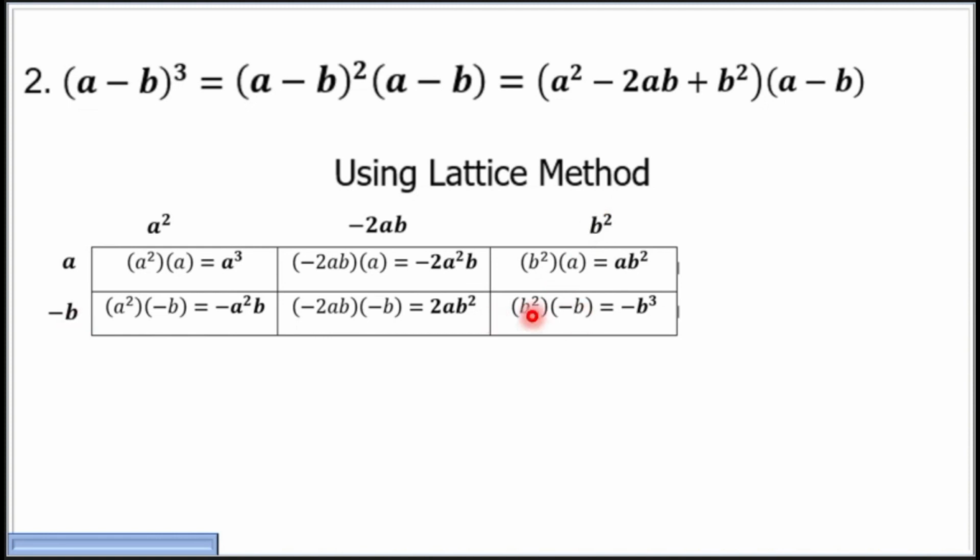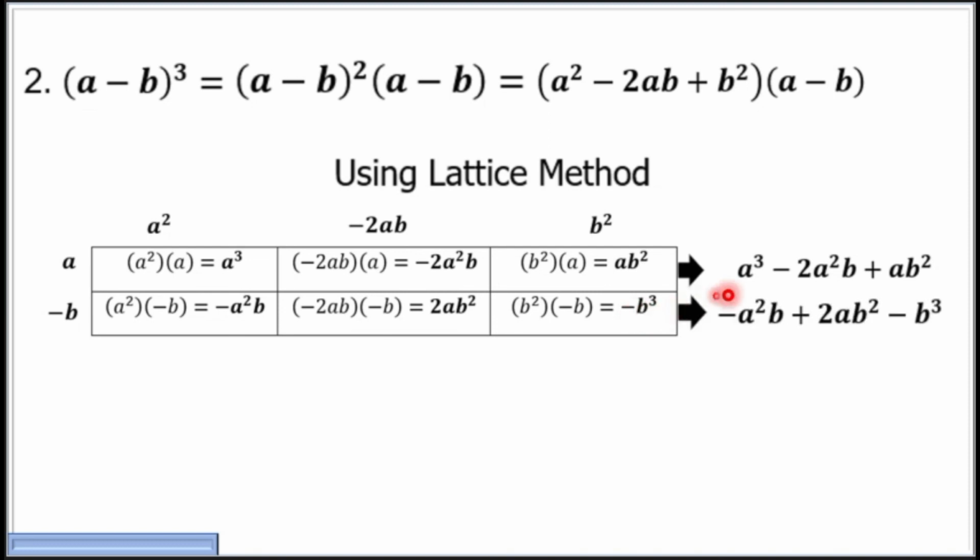Two b's plus one b makes three. Positive times negative is negative. And we have the results: a cube minus 2a squared b plus, positive now, ab squared. Next, negative a squared b plus, follow the sign, 2ab squared minus b cube.